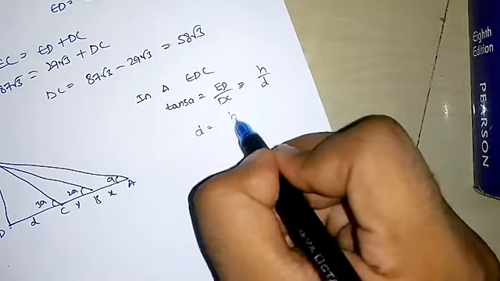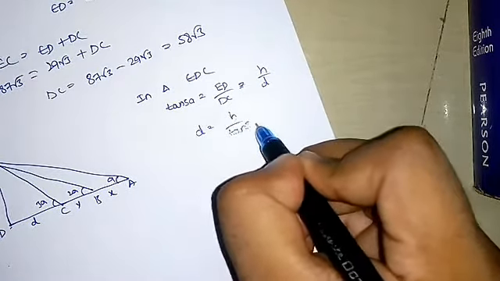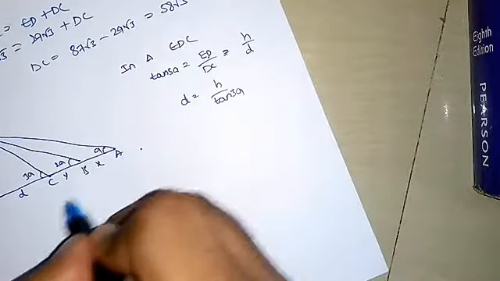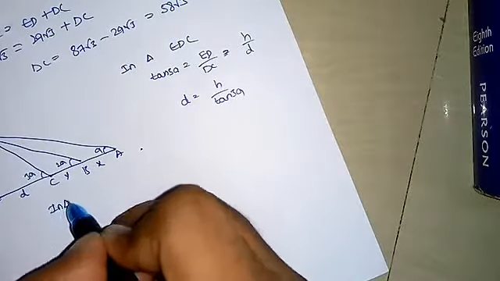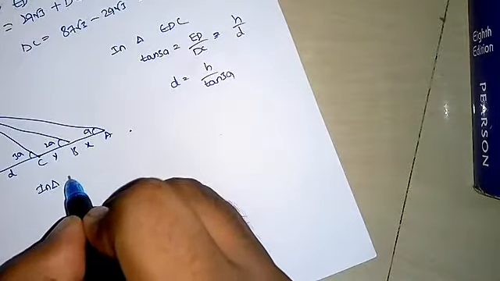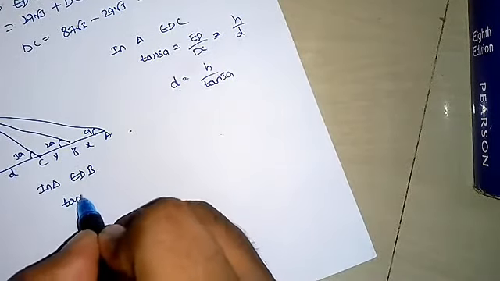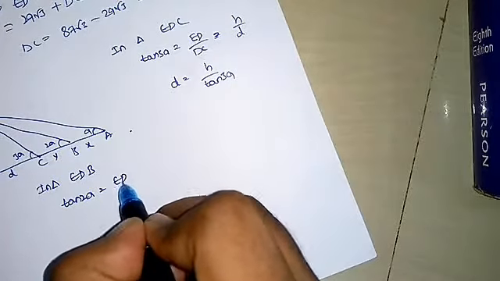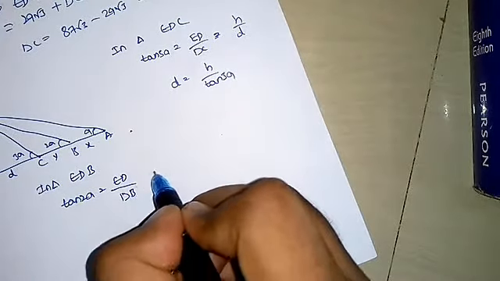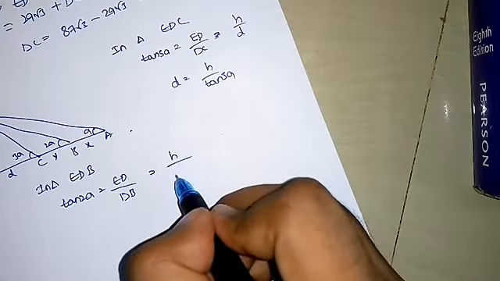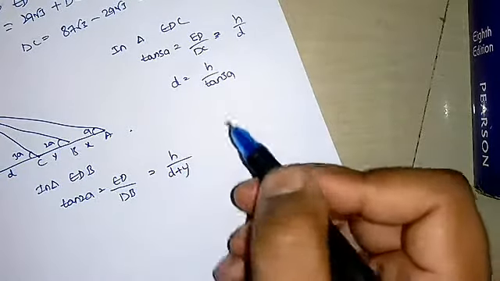Therefore d is equal to H by tan 3A. Now in triangle EDB, tan 2A is equal to opposite side ED by DB, which is equal to H by d plus Y.